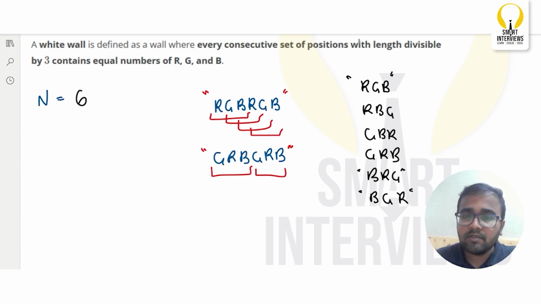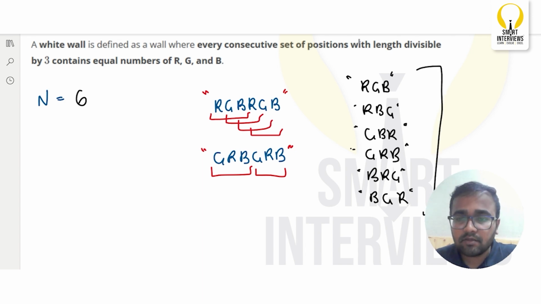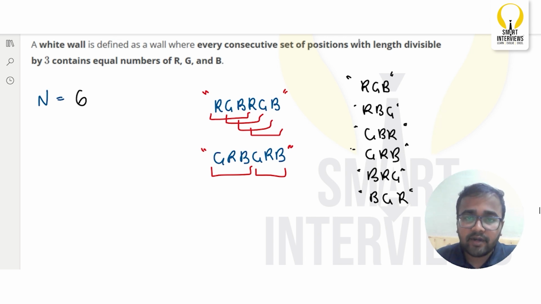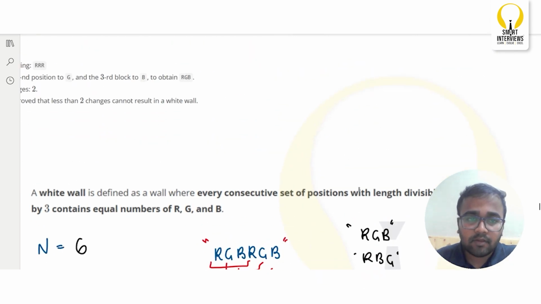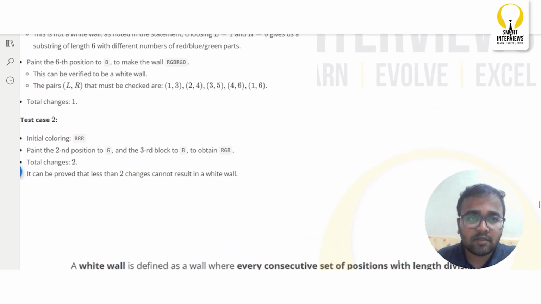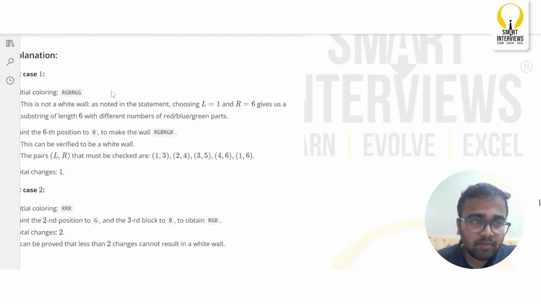You can repeat any of these patterns to form white walls. Whichever pattern is going to give you the minimum number of operations to convert, that is your answer. That's it. So let us relate this to our current problem. Our current problem has RGB and RGG, right?